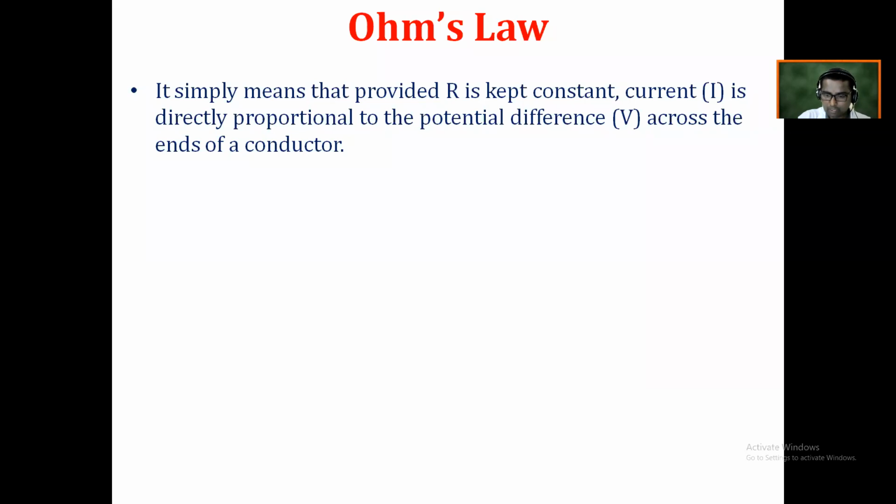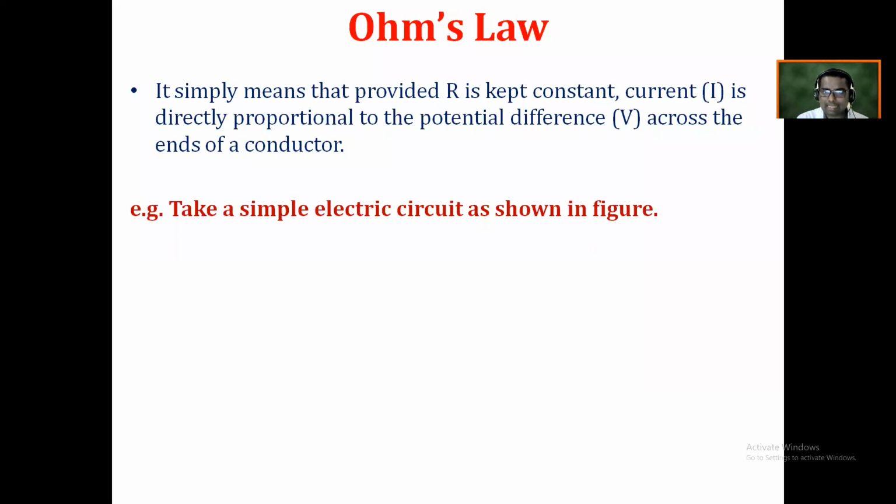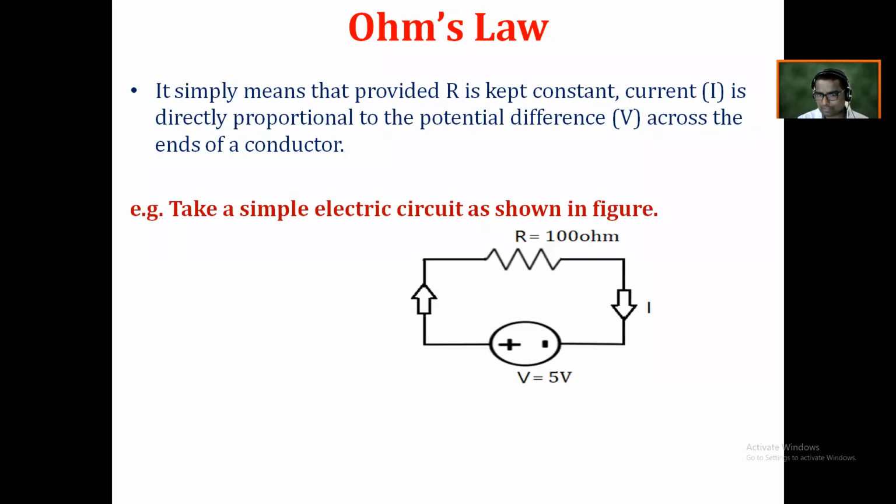Get it my point? Now just consider one simple circuit. One resistor, with two terminals, let's assume point A and point B, and these two terminals of the resistor are connected to the DC energy source with connecting wires.